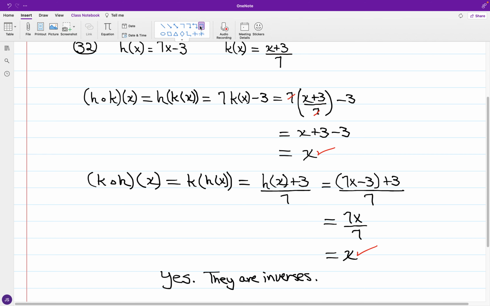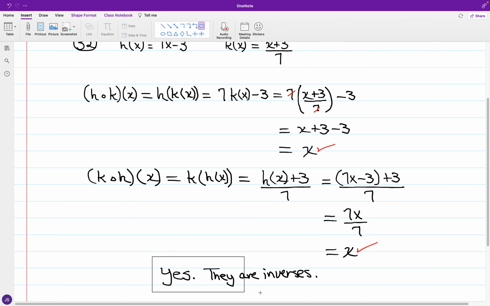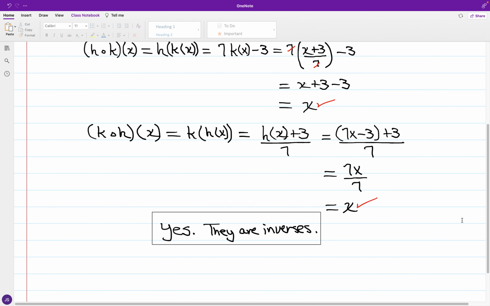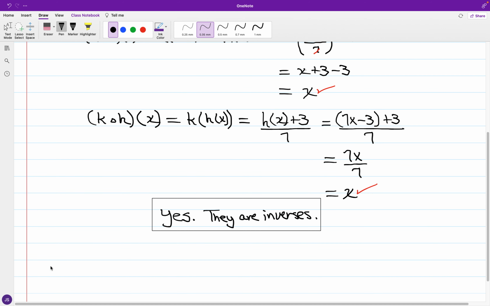In the case of the next item, we have functions p of x and q of x in problem 34.